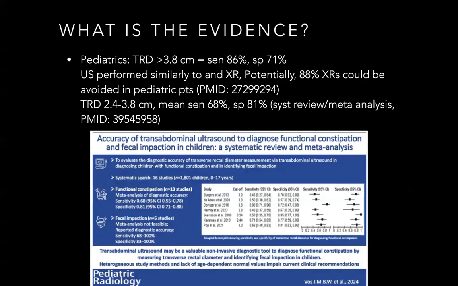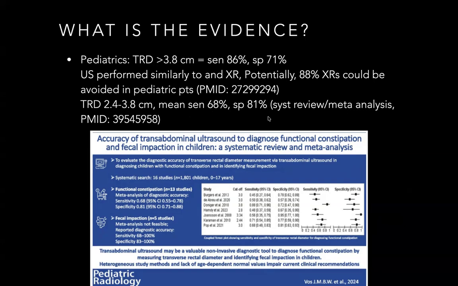How about in pediatrics? Very similarly, you're going to be seeing that same sort of half crescent shadow. However, in pediatric literature, they talk about measuring that transrectal diameter. In a systematic review meta-analysis study, they saw that there was this range from 2.4 to 3.8, and there's sensitivities that are on the very low side, 68%, and specificities in the 80 percentile for looking for fecal impaction.